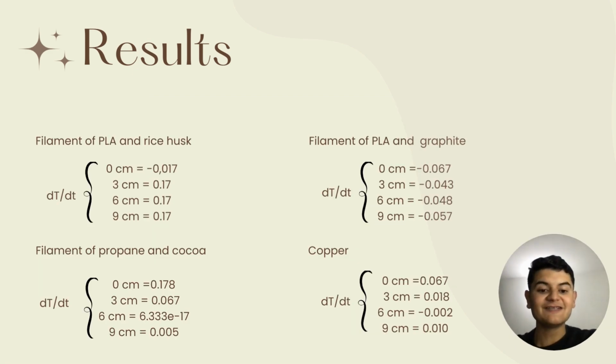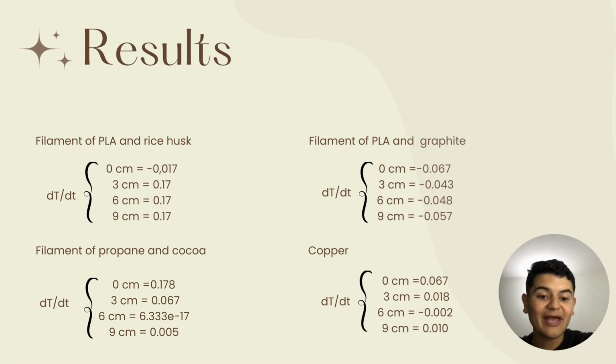Now you can see the first derivatives that I mentioned before. We have four derivatives for each filament. This is because we are trying to prove that the filaments we are using are anisotropic.